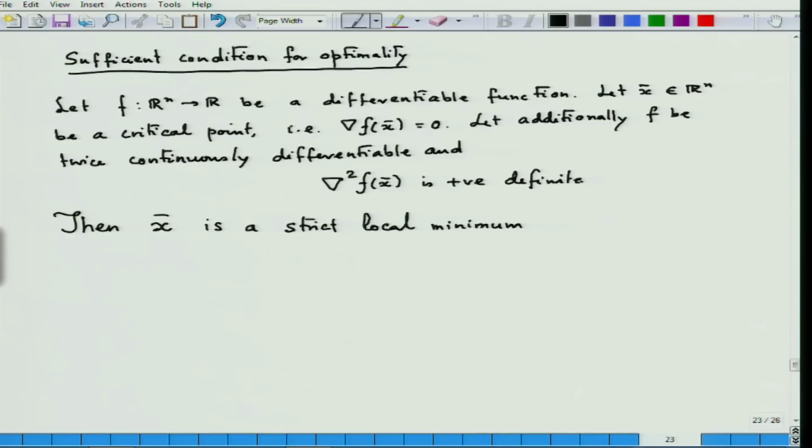The proof of this would be added to the FAQ of this subject, but here we just do not do the proof. So, you can see it later on the website of this course. The main conclusion here is that it is not just a local minimum, it is a strict local minimum. So, it forbids a global maximum from taking this position. A global maximum can never be a strict local minimum.